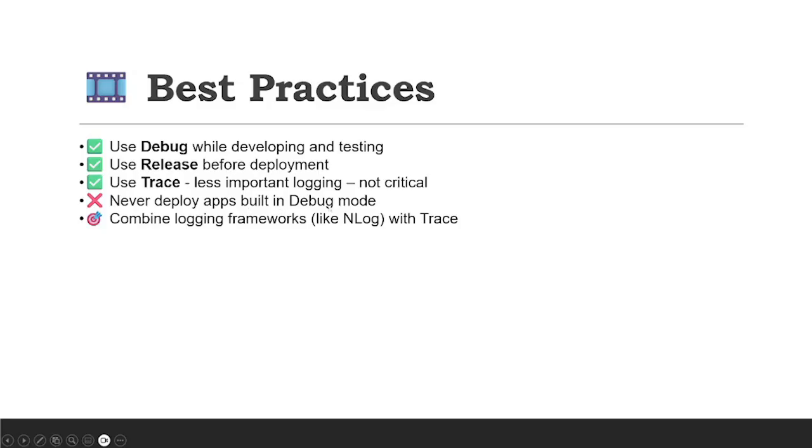You should always use debug mode for developing and testing purposes only, but we are not going to deploy in this mode to production. Production is for release mode only. Combine logging frameworks like NLog with trace, so it will be much more informative if you use NLog along with trace and debug mode.